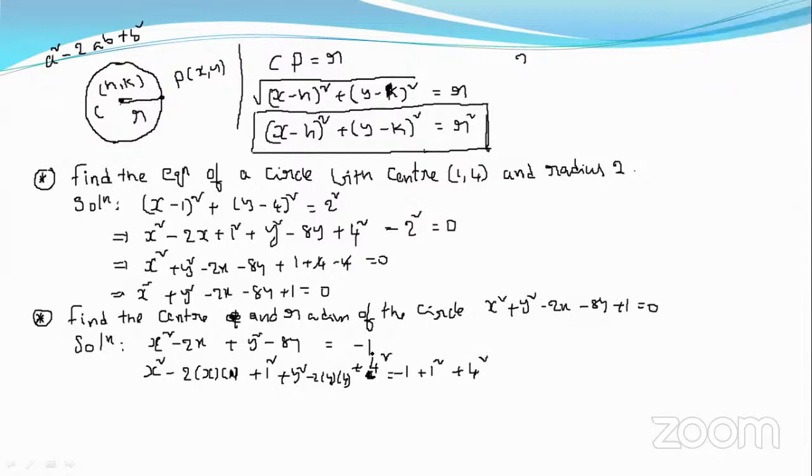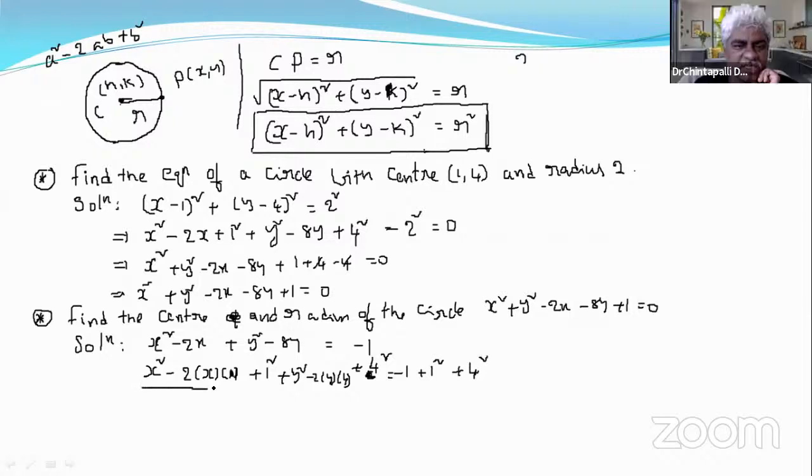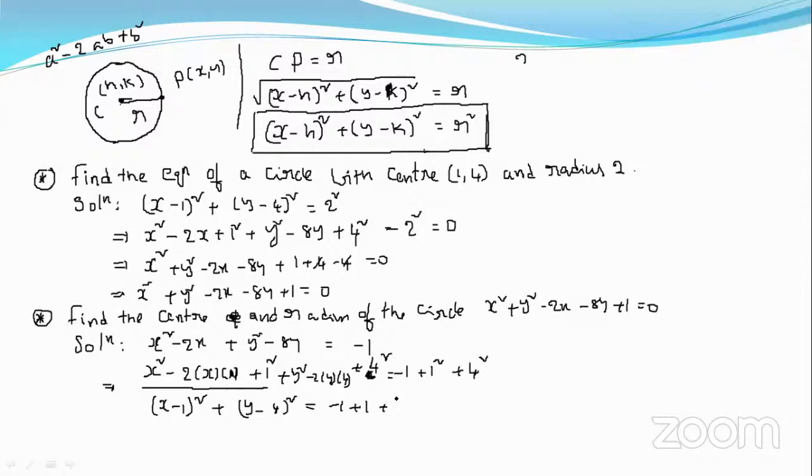This part is (a minus b) whole square, that is (x minus 1) whole square plus (y minus 4) whole square is equal to negative 1 plus 1 plus 4 square 16.